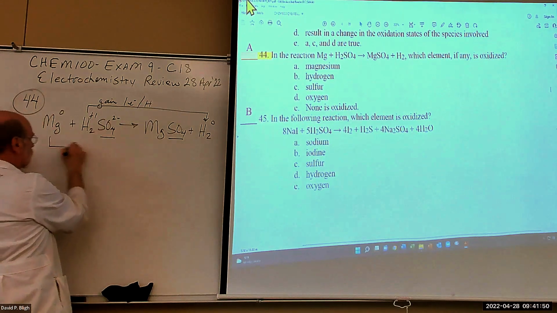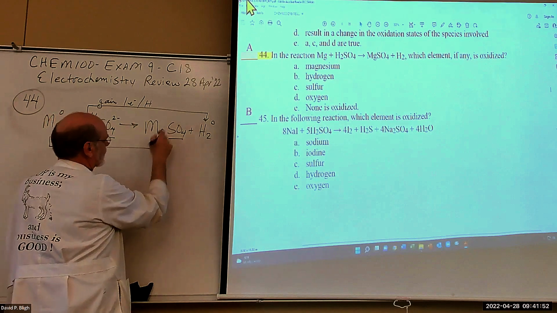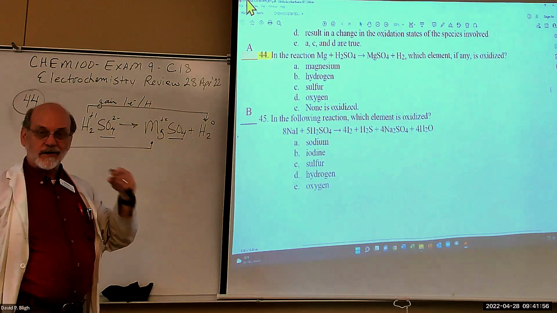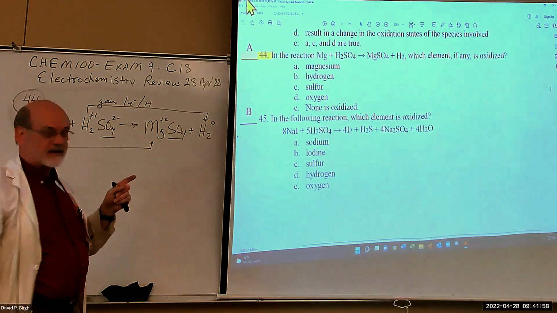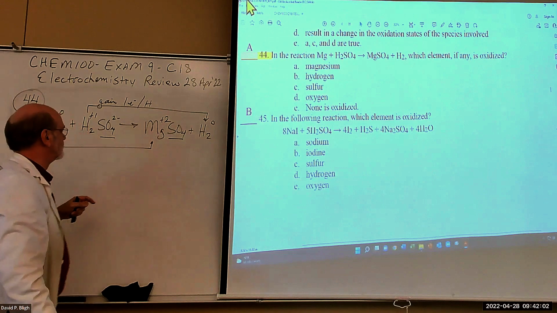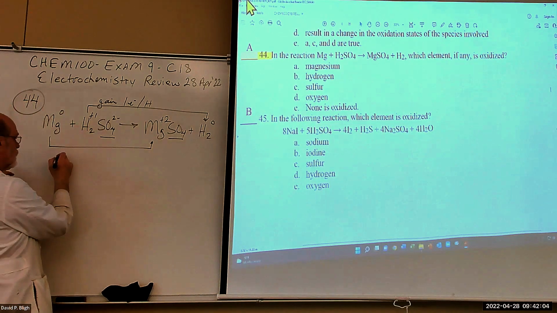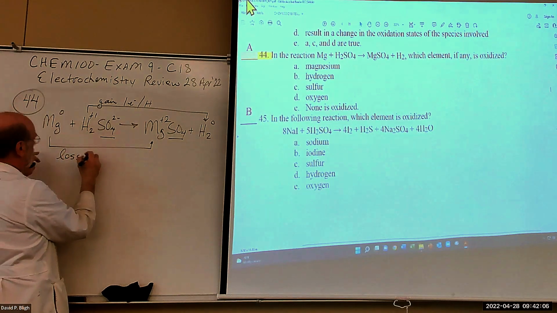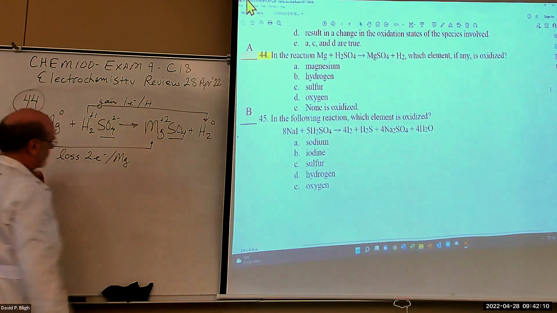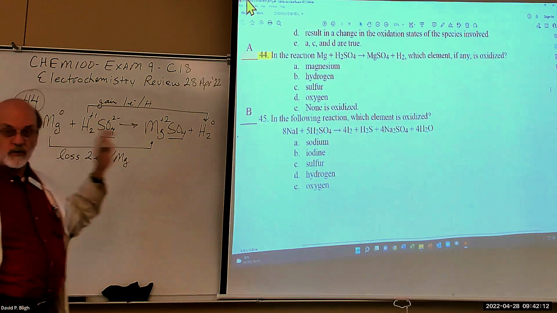So magnesium is going from a 0 to what? This has to be a +2. It is an alkaline earth. By definition, a +2 charge. Right, so we had to lose 2 electrons per magnesium. That's how you go from a 0 to a +2.